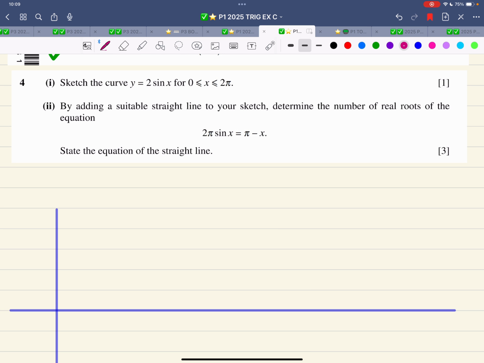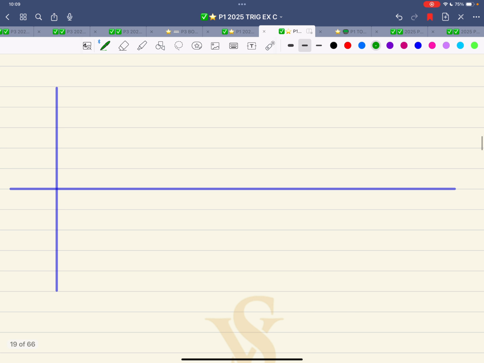That means there will be one cycle in 360 degrees, and 360 degrees is the same thing as 2 pi radians. So that is all good. And the maximum value will be 2, and the minimum value will be -2. So right away, as soon as you look at a question, you should have all these things figured out in your head.